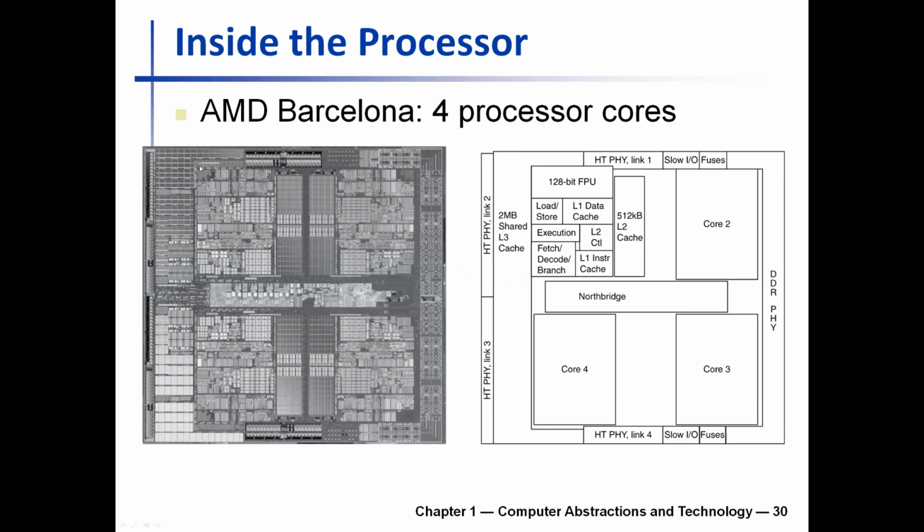You can identify the areas defining these 4 processor cores. So the first core here, those are the stuff that go into the first processor core in the chip. This is core number 2, and this is core number 3, and that is core number 4. In each of these cores, you have a lot of different other things as well.